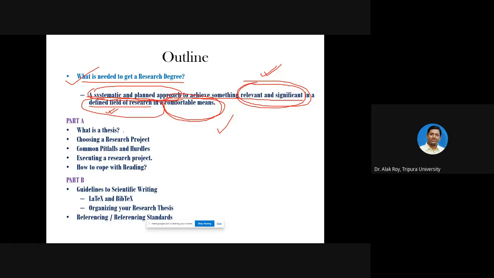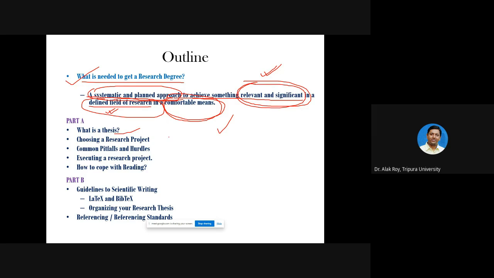Second part, what is thesis? Okay, so here we'll cover in part A what is thesis, then choosing a research thesis or project, then we'll cover common pitfalls and hurdles, how to execute a research project or thesis, how to cope with reading.